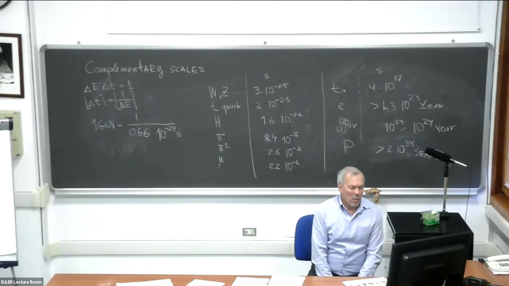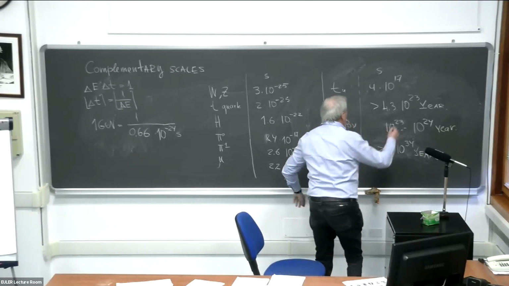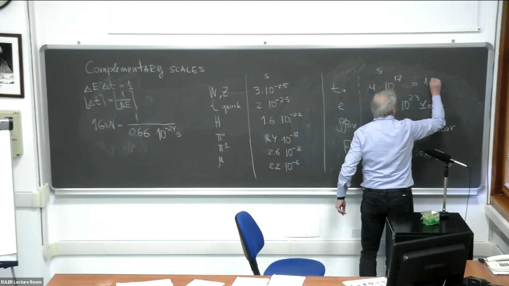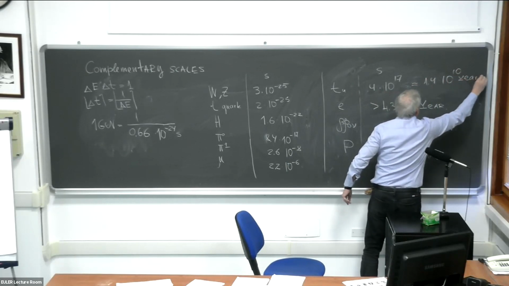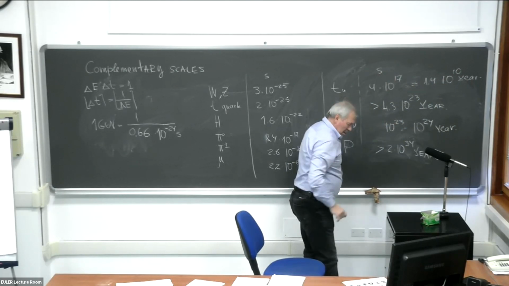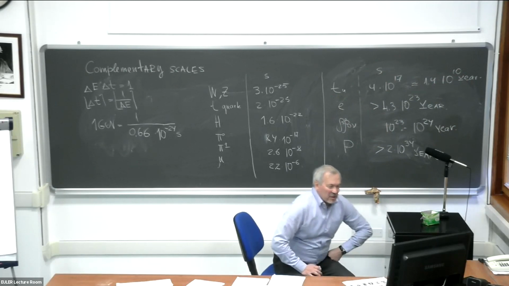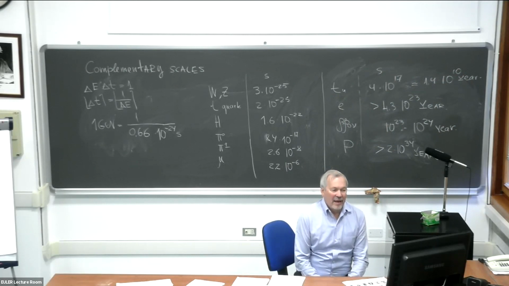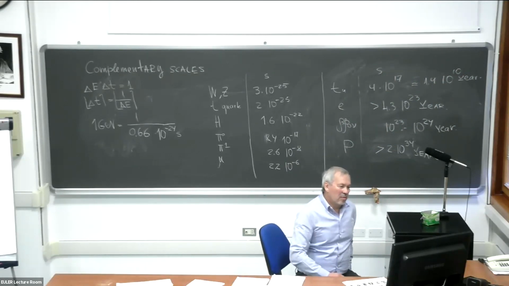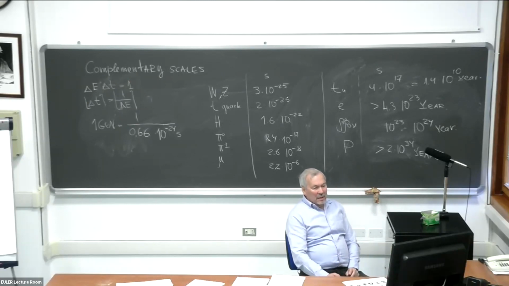So the question is how we can establish such a stringent lower bound on the lifetimes, in particular of the proton, which is many orders of magnitude bigger than the lifetime of the universe. This is in seconds, and this is something like 1.3, 1.4 10 to the 10 years. So it's 24 orders of magnitude bigger than the age of the universe. Okay, so we will discuss this at the end of the course, when I discuss symmetries and quantum numbers. And the point is that we should observe many protons.